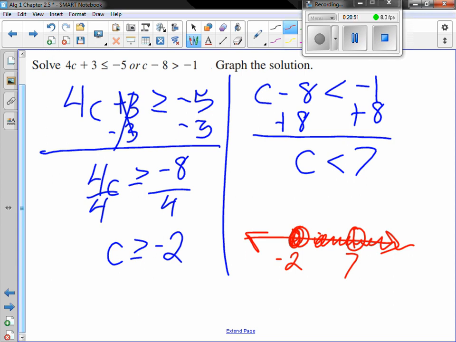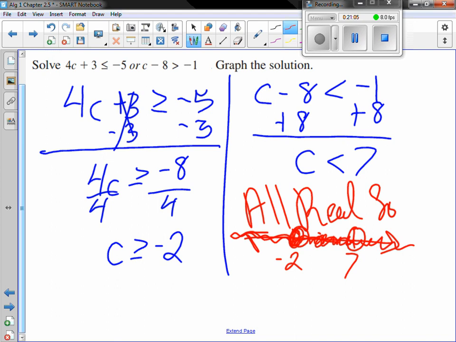Okay, let's see what happens here. c is less than 7. I would shade to the left, yes? Did I just shade the whole number line? This here is all real solutions. If it works out that in an or statement the two number lines are going to point towards each other, like an and, it includes everything.